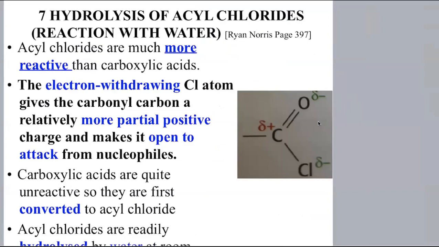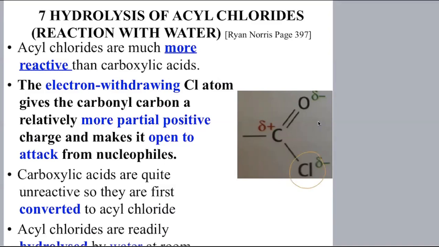Remember your carbonyl compounds, ketones and aldehydes, where you have a C double bond O, except that in aldehydes and ketones the carbon of the carbonyl is attached to either hydrogen or an alkyl group. In the case of an acyl chloride, you have this Cl.